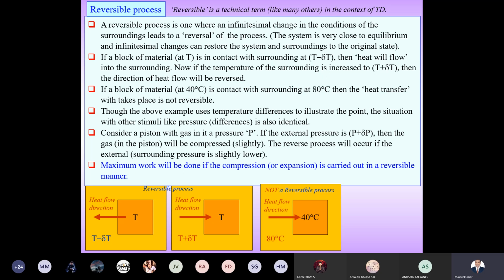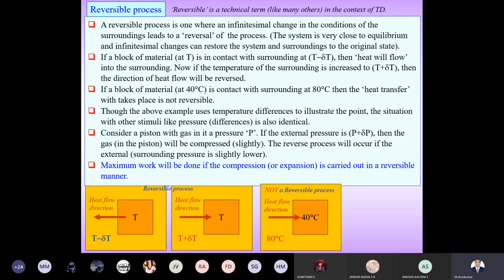If a block of material is in contact with the surrounding, then heat will flow into the surroundings. If a system has a higher temperature, this heat will try to move to the surrounding. Now, if the temperature of the surrounding is increased, then the direction of the heat will be reversed.